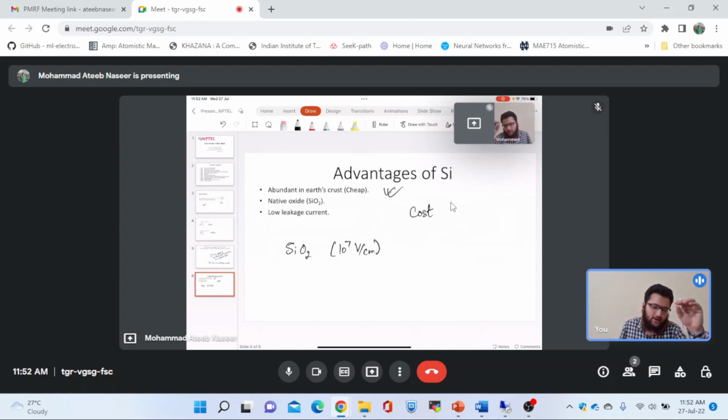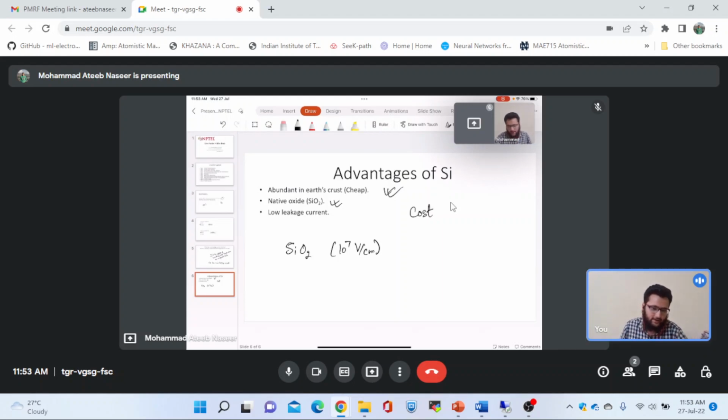How easy it is to grow oxide on a device will largely determine its applicability in the market. SiO2 can easily form on silicon devices, so this is also a major advantage of silicon.